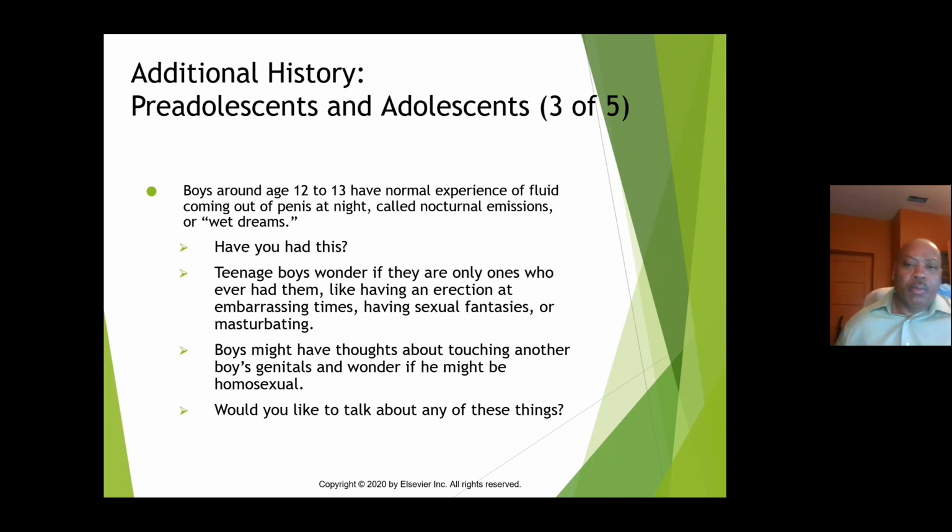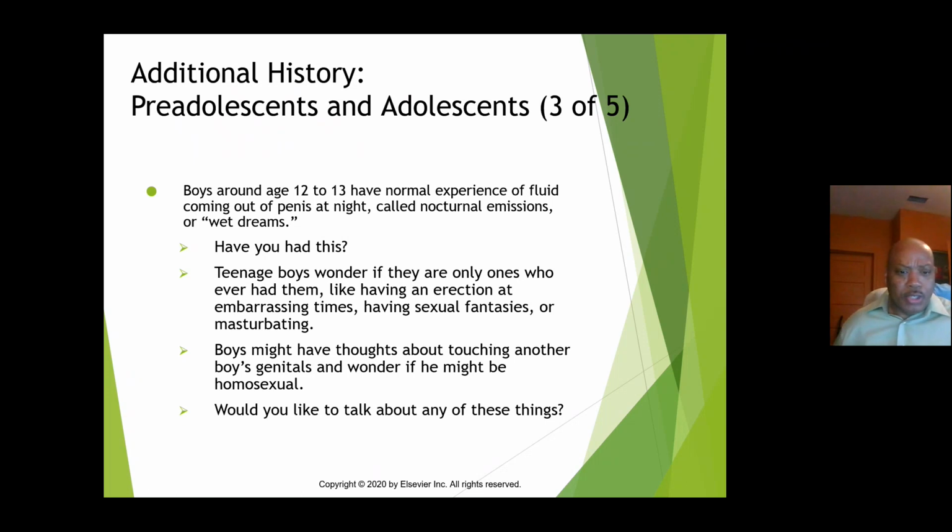Teenage boys wonder if they're the only ones who experience these things, like having an erection at some embarrassing times. They sometimes have sexual fantasies at this age, or they're masturbating, obviously. Boys might also have thoughts about touching another boy's genitals, and of course wonder if they might be homosexual and whatnot. So these are some of the questions to ask.